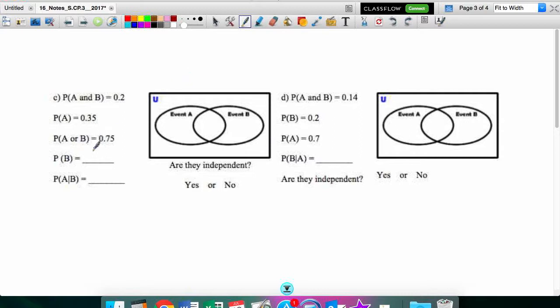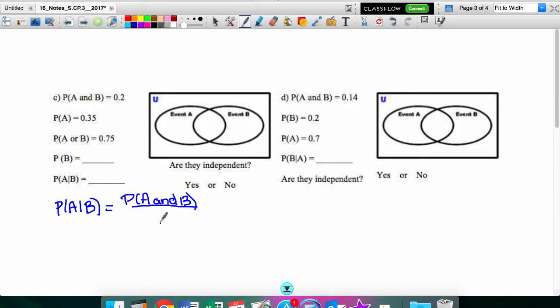So we want the probability of B. The only calculation that we have right now that involves B alone will be our independent equations, or it's actually embedded in the conditional probability of A given B. So if I try to set up the probability of A given B, I notice that it's the probability of A and B, which I have, so that's good.